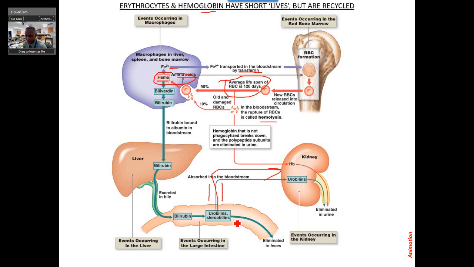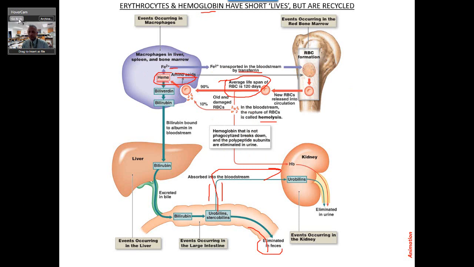Some of this is excreted through feces, through waste, right here, and some of it is eliminated through urine. Hemoglobin is not phagocytized; it's broken down into polypeptide subunits. The stuff that gets absorbed here is all going back to the red blood cells.